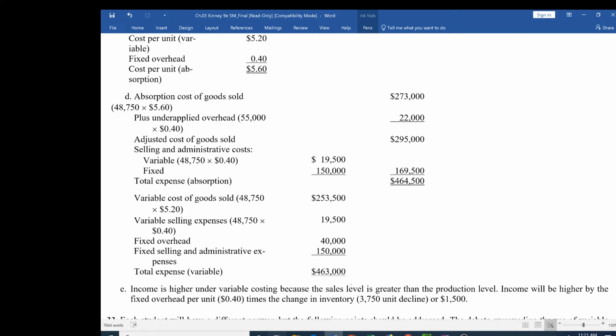Calculate some overhead rates. Number 43, practice the high-low again. Number 48, practice variable absorption again. And that's it. So 43 and 48. Oh, did you say 40?